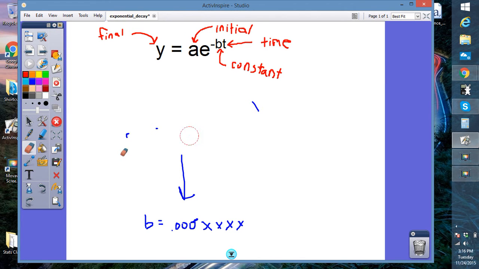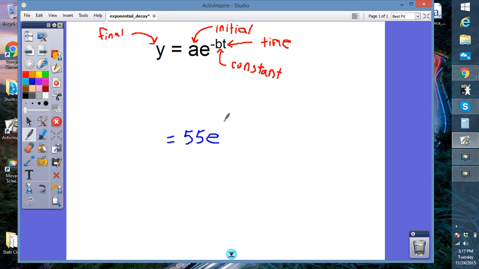All right, so once you know what your B is, now we're going to go back, and step 2 is solve this equation. All right, so what do they tell us in this problem? We're trying to find the amount when we're done, so they give us an initial amount, I believe, which is 55 grams.